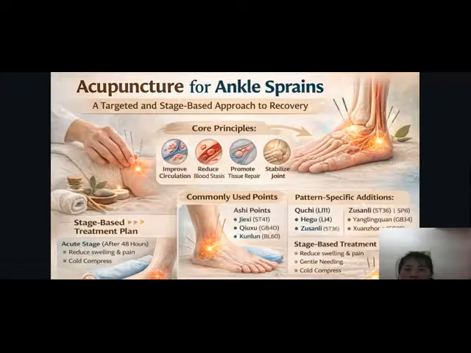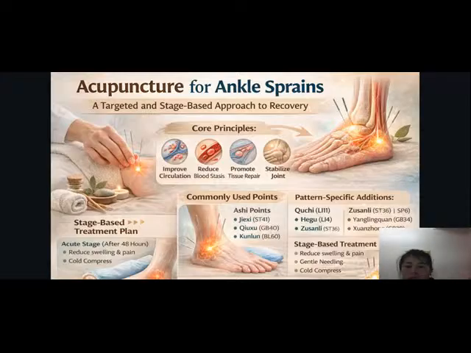In conclusion, acupuncture is a gentle and minimally invasive treatment option for ankle sprain. It can relieve discomfort and shorten recovery time, especially for patients who prefer to avoid medication, can't tolerate anti-inflammatory products, or experience recurrent or chronic ankle injury.